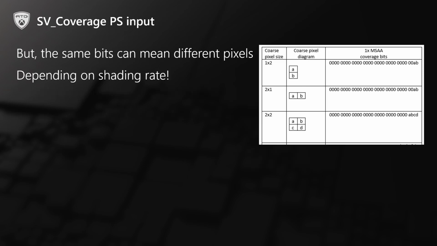What you might have immediately noticed is that there's a slight problem here, in that the same 2 bits can mean different pixels depending on what the shading rate was. So here we see 1x2 is using the 2 least significant bits to mean pixels that are vertically adjacent, and for 2x1 rate we're using the same 2 bits for pixels which are horizontally adjacent. So here we have a bit of a problem potentially.